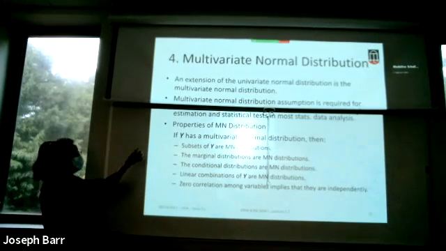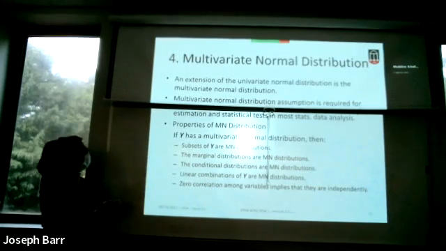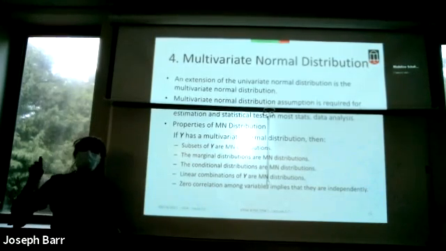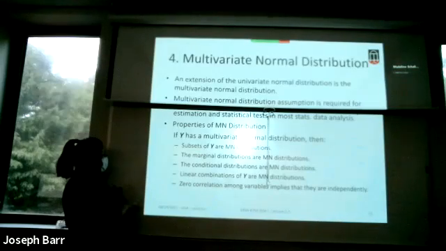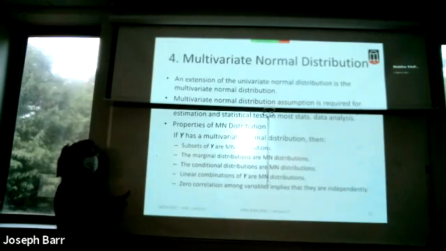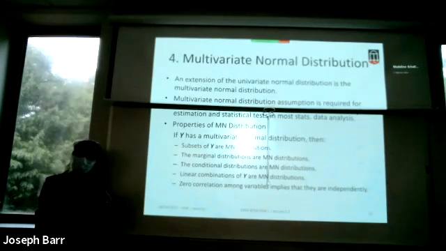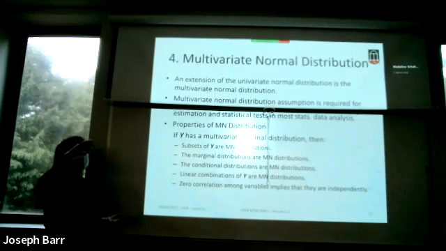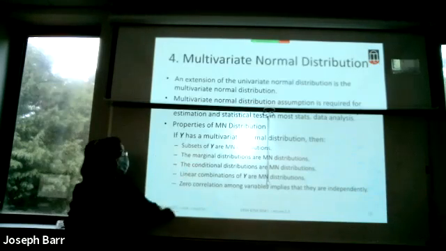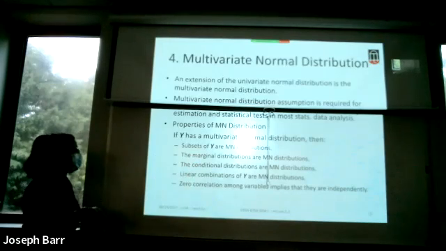I can take any subset. For example, quant and verbal, I just take these 2. These 2 follow a bivariate normal distribution because it's a subset of the whole set. I can take, for example, the writing score and the SAT score, these 2, or add high school GPA. These 3 also follow a multivariate normal distribution with dimension 3. Any subset is multivariate normal.